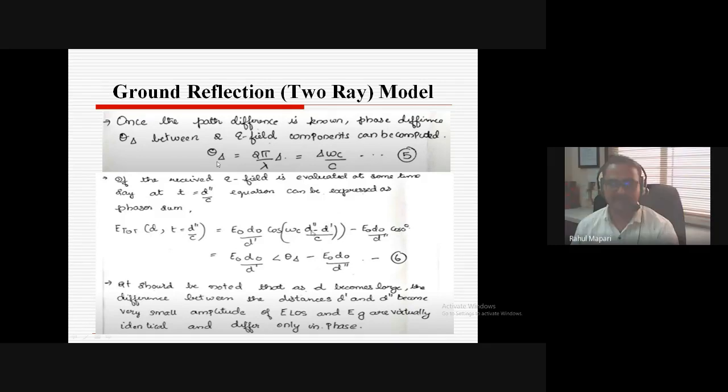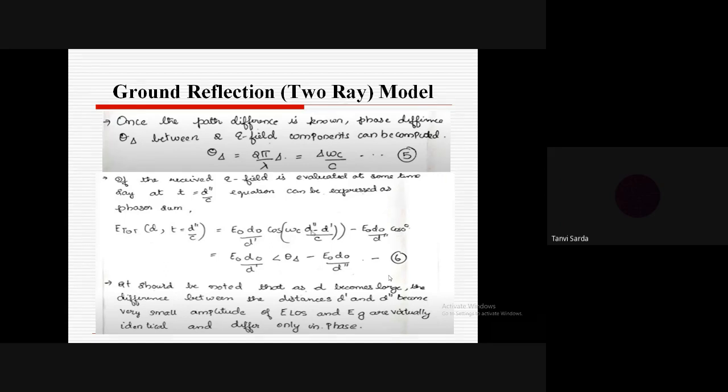It is nothing but the phase difference: theta delta is equal to delta omega C by C. That's why this can be written as E0 D0 by D dash into cos of the angle theta delta, the phase difference, minus E0 D0 by D double dash as it is. Now up to this, any problem? All of you got it? Yes, sir.